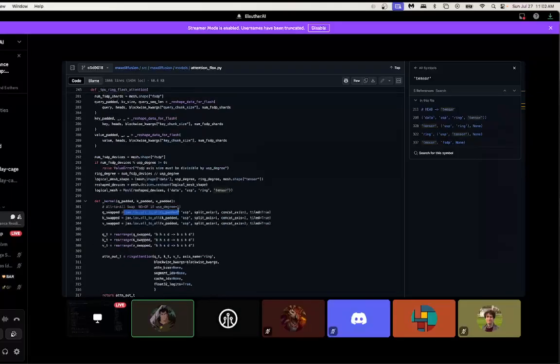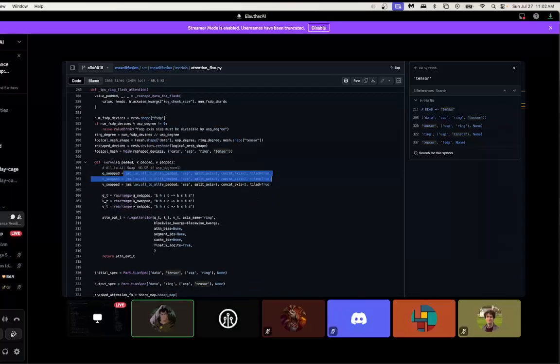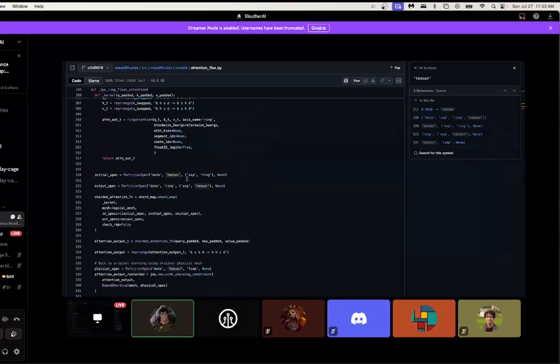Before I do the all-to-all, if we consider the group of devices as a physical axis and my logical axis being the dimension in my tensor, the sequence tensor is mapped over this USP and ring when I did the reshape.